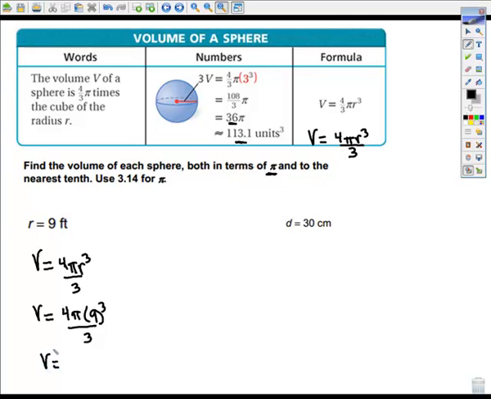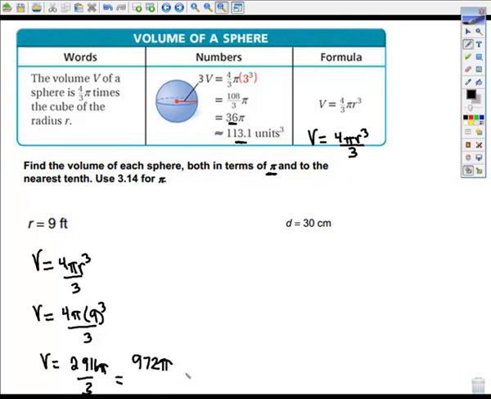For now I'm going to treat pi as a variable. 9 cubed is 729 times 4, so my numerator is 2,916 pi divided by 3. 2,916 divided by 3 gives me 972 pi.